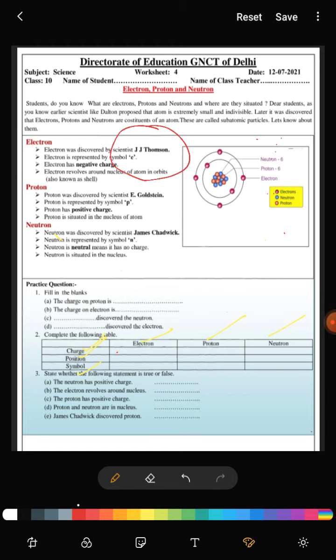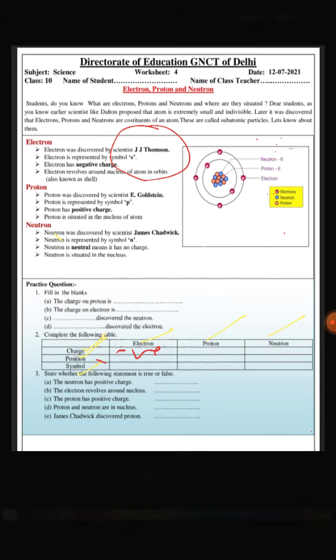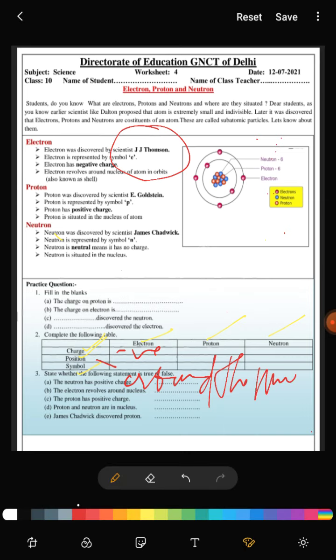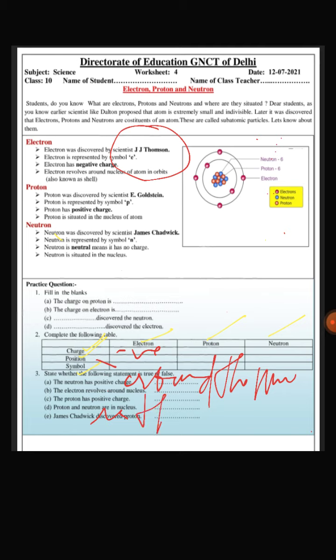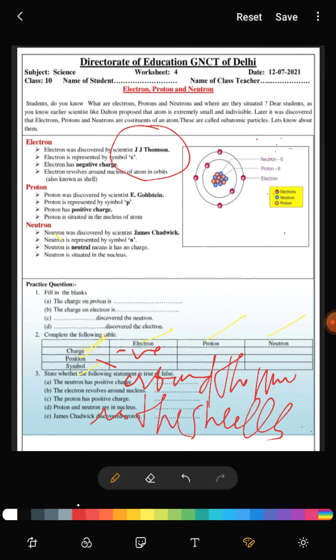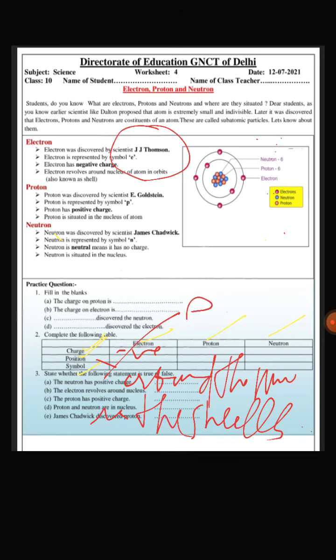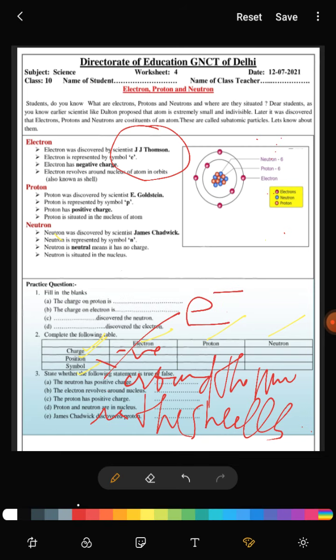Charge: here we should write negative. Position: around the nucleus, or we should write here in the shells around the nucleus. Alright, symbol: we should write e minus.